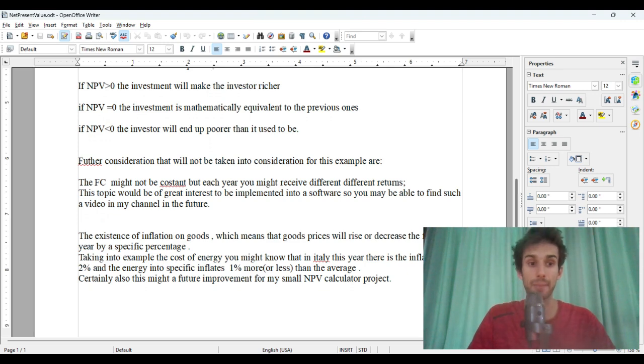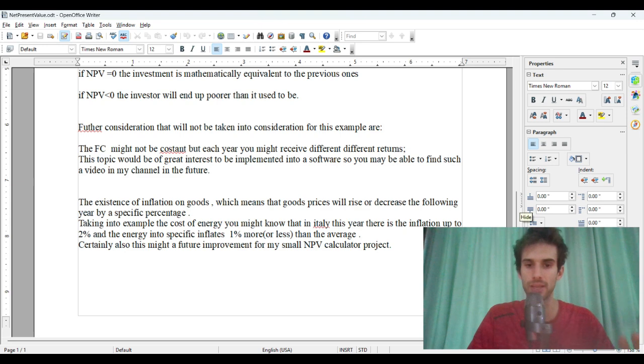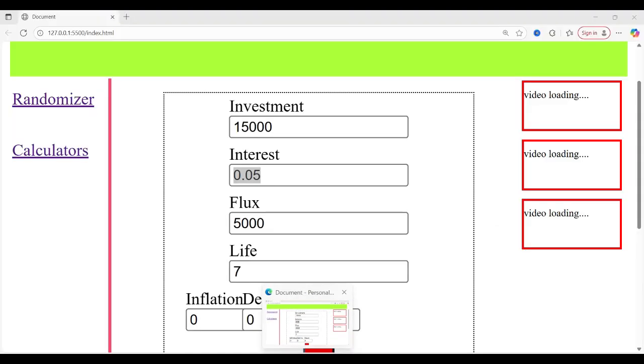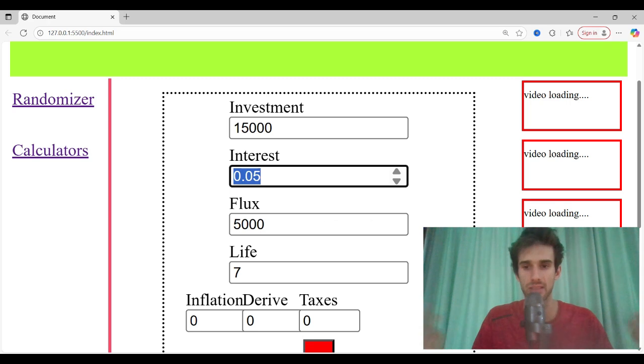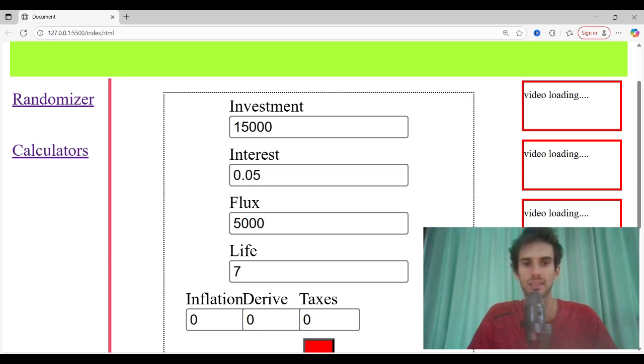Anyway, coming to the last three, which may not be the simplest, and actually sometimes you will find some software more complicated than this that has been brought to production into some website. You can freely go on Google and search for other calculators, and you will find that they are more complicated than this. They use a variable interest rate, but they do not consider inflation, derive, and taxes.